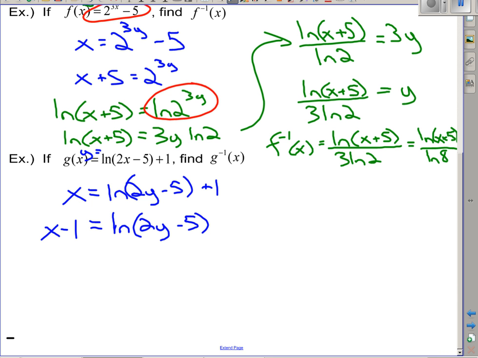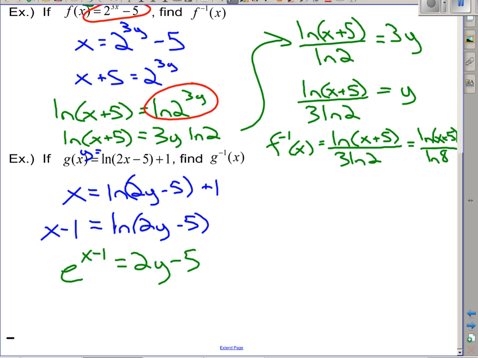Alright, there are a bunch of different ways to conceptualize how you're going to move to the next step. My preferred way is to think of ln of 2y minus 5 telling us that we're talking about a base of e here. So if we were to rewrite this in exponential terms, our base of e and our exponent of x minus 1 should give us a result of 2y minus 5.